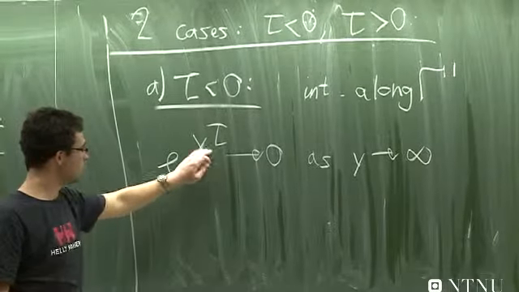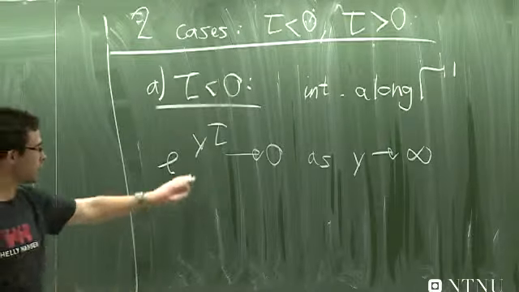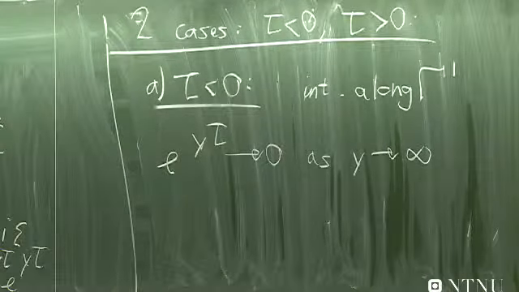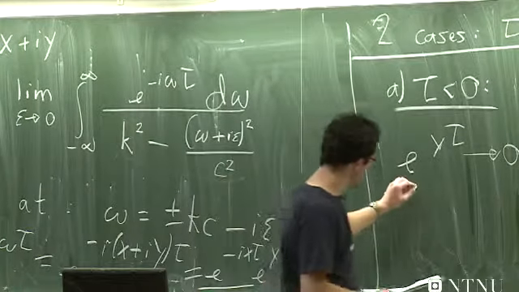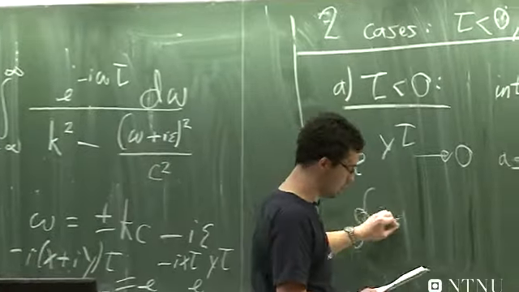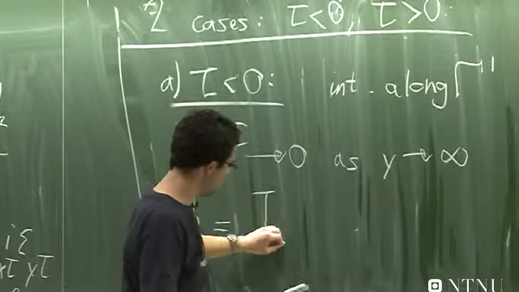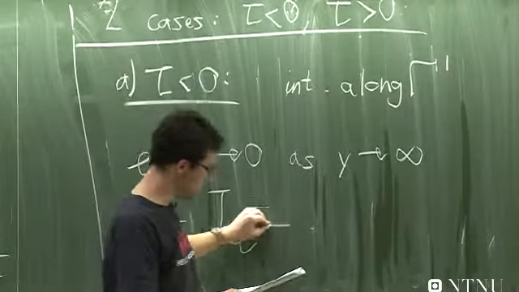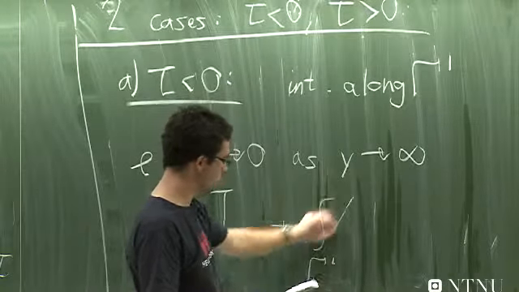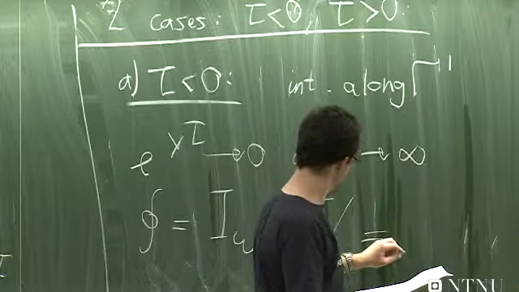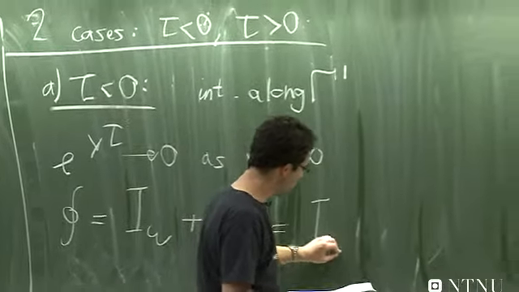Okay? This factor is going to go to 0, ensuring that the upper arc integral is going to disappear, meaning that the curve integral is equal to I omega, the integral we're interested in solving, plus the integral along gamma prime. But this is 0, meaning that I'm left with just I omega.